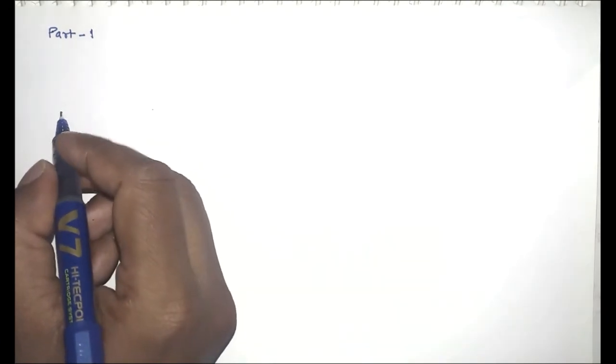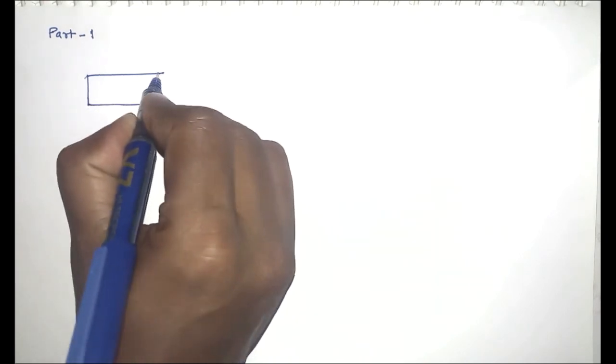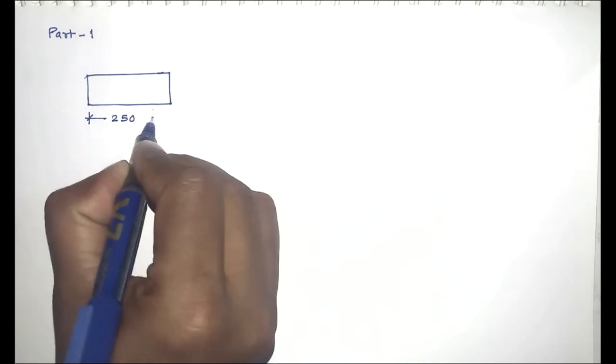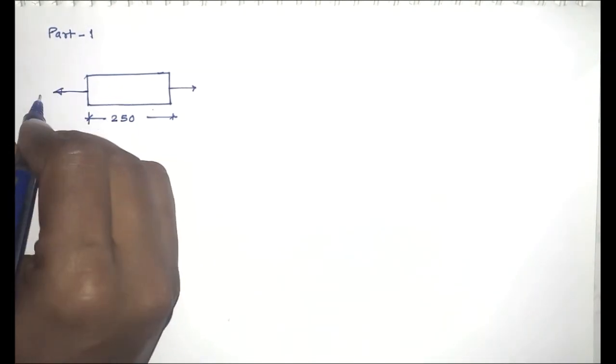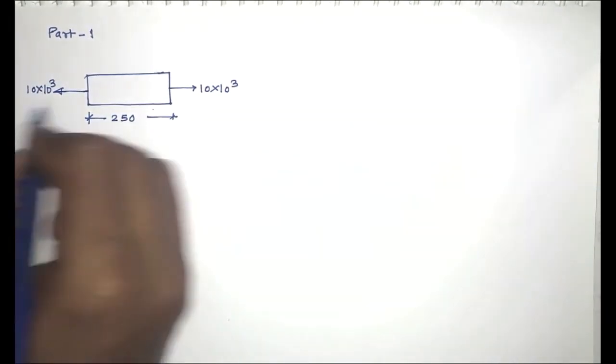First I will consider part 1. In part 1, I'll draw the left hand side part having length 250, with a force of 10 into 10 to the power 3 and an equal and opposite force of 10 into 10 to the power 3.